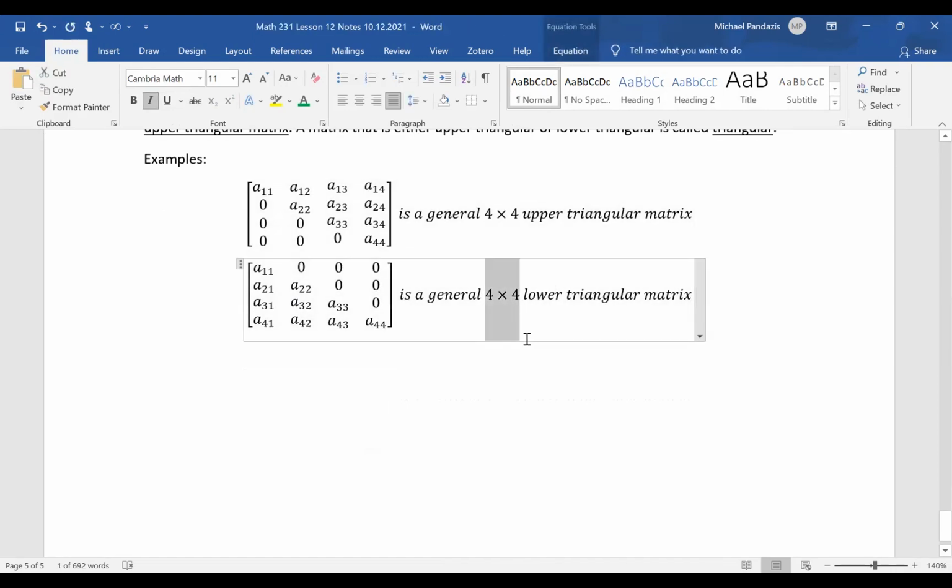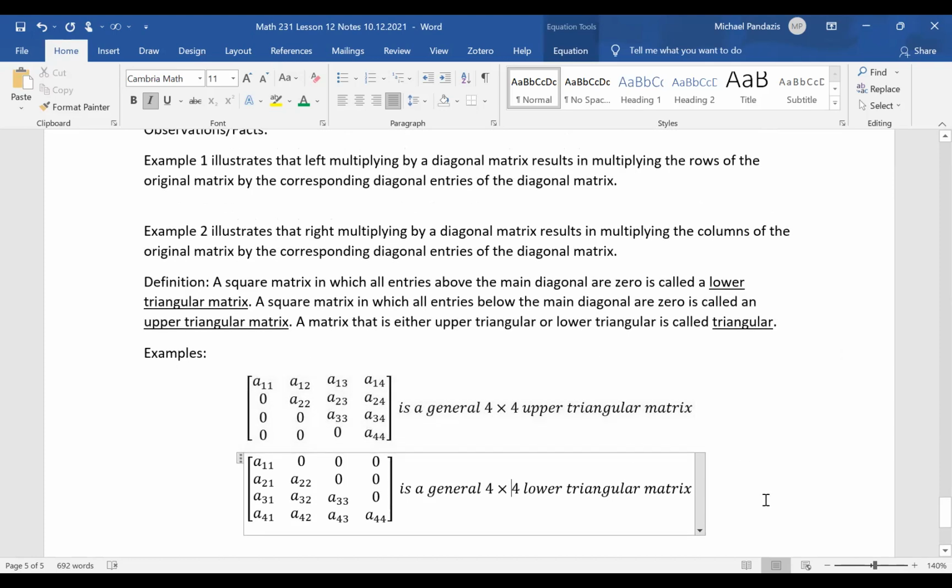Okay, and this can apply to any size square matrix. So you could have a 5x5 square matrix be upper or lower triangular. You have 1x1, 2x2, 3x3, 10x10, any size square matrix you want. There are diagonal, upper and lower triangular matrices.